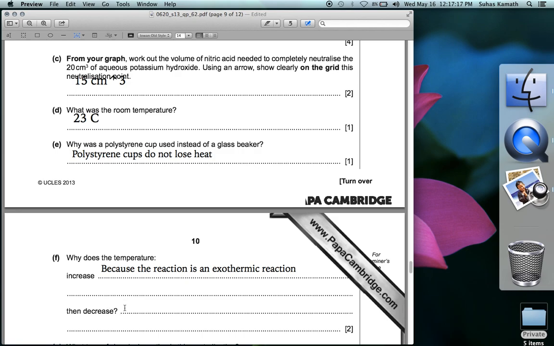Then decrease, because the reaction has finished and the mixture is cooling down.